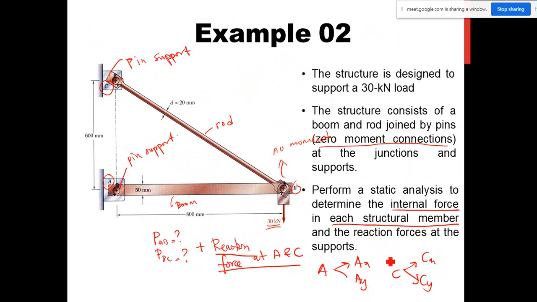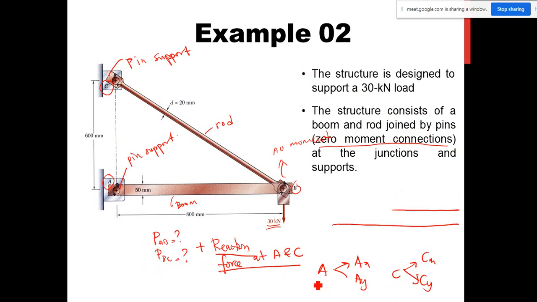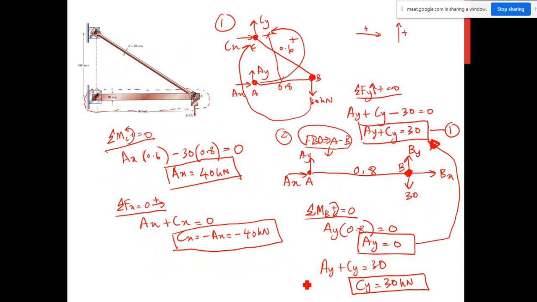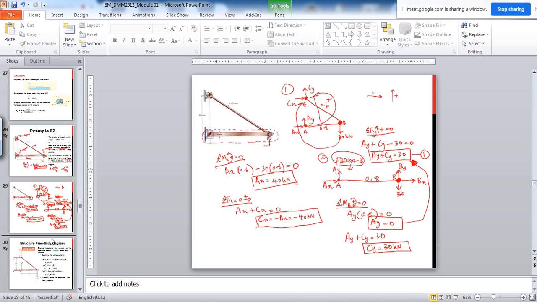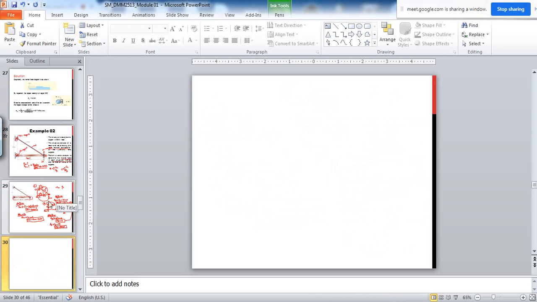We already calculated AX, AY, CX, CY. Now we are going to calculate the PAB and also PBC. Alright, so let me add one more slide here.